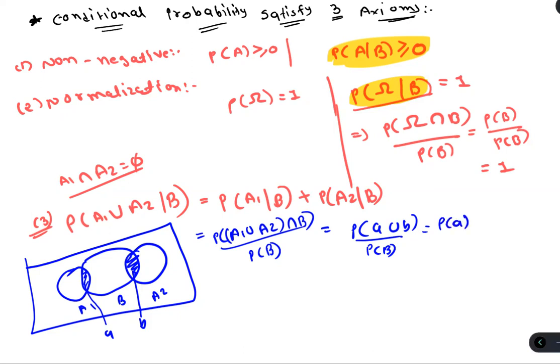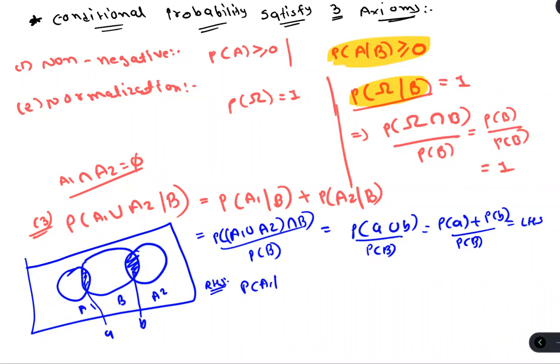Because we know that A1 and A2 are both disjoint, we can also write like this. This is our LHS. Now let's go to the RHS and see whether we get the same as the LHS.